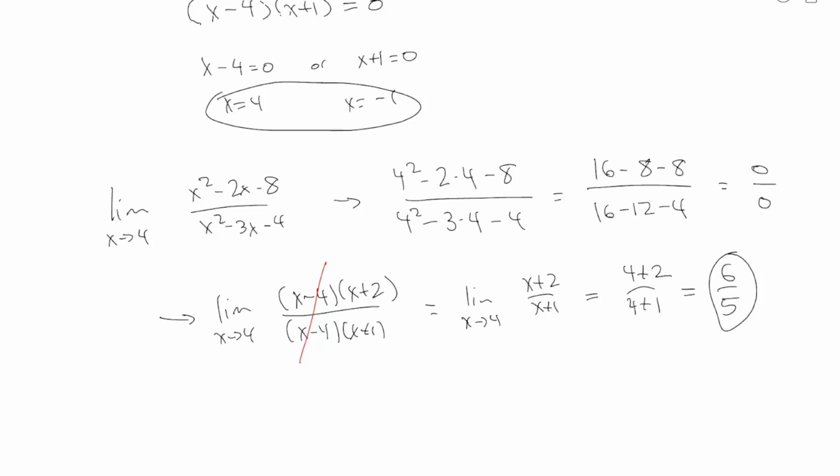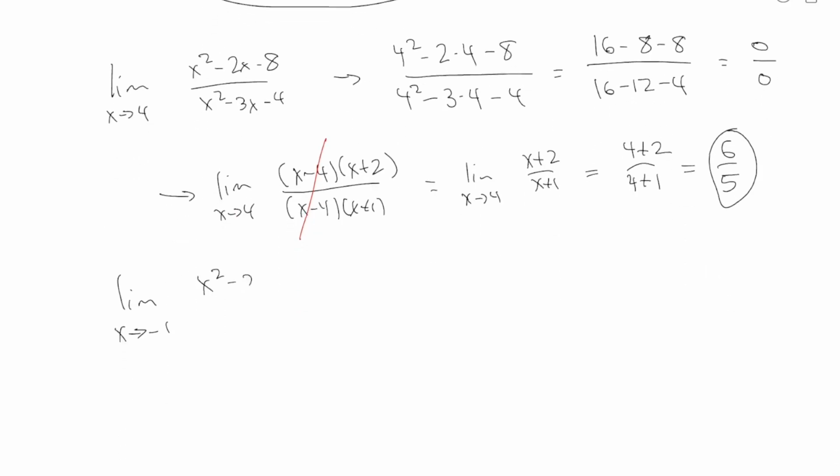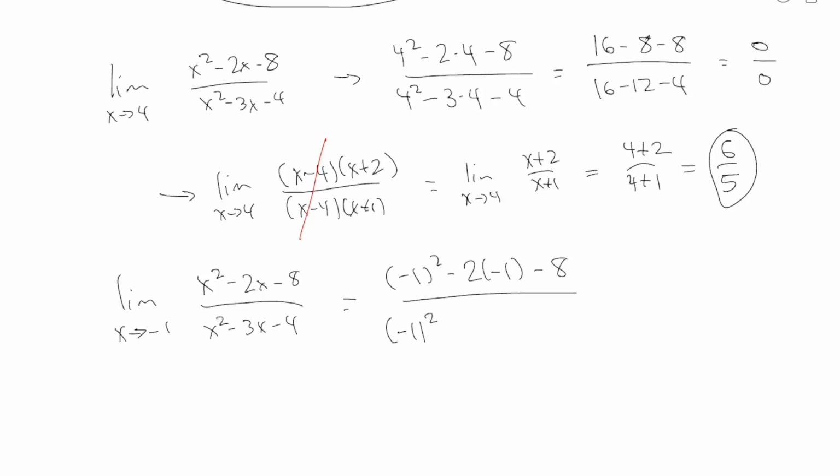All right, and then the very last bit here, x goes to negative 1 of the same function, x squared minus 2x minus 8 over x squared minus 3x minus 4. This I'm going to plug in again. I get negative 1 squared minus 2 times negative 1 minus 8 over negative 1 squared minus 3 times negative 1 minus 4.